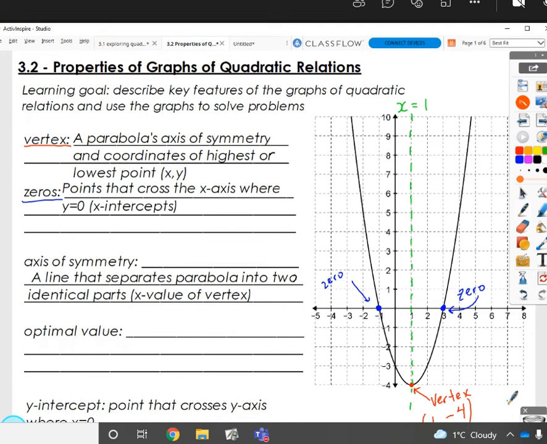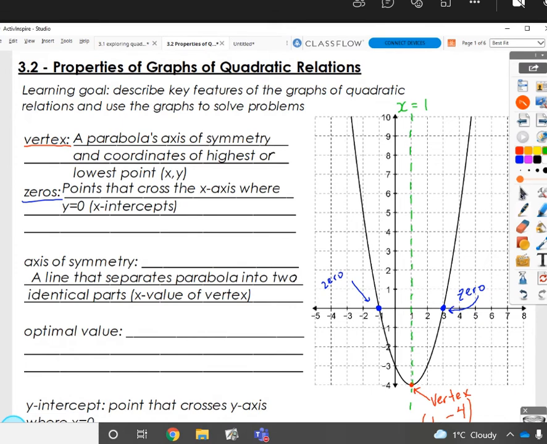The reason for that is because this vertex is the point where that parabola changes direction. It's literally on the axis of symmetry. Because it is always on the axis of symmetry, it'll share that x value. It'll always share it.